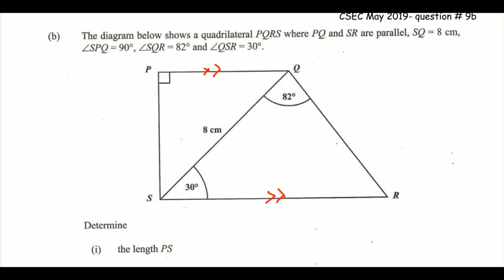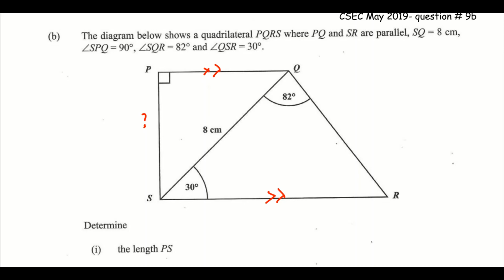The angle SPQ is 90 degrees. The angle SQR is 82 degrees, and the angle QSR is 30 degrees. Determine the length PS. So we want to find the length PS right here.